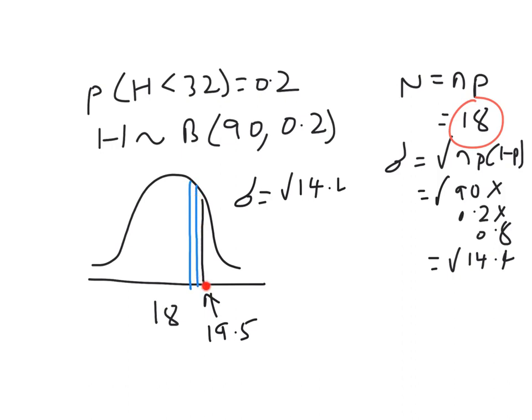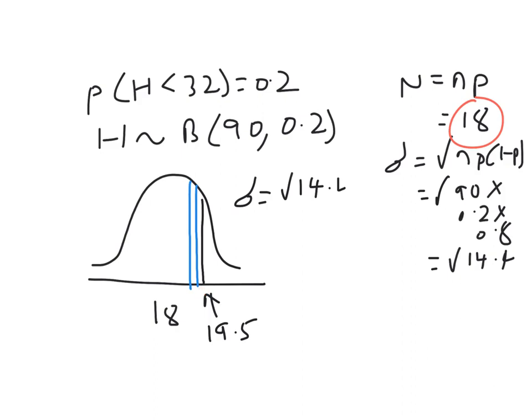So we need the continuity correction. That's got to be 19.5 there, because we want more than 19, and this whole area here between 18.5 and 19.5 represents the probability that it is exactly 19. But we want more than 19, so this is 19.5.